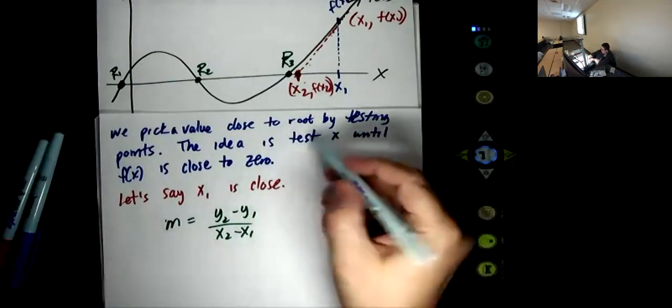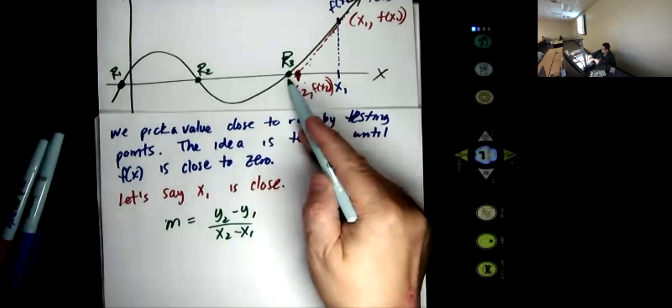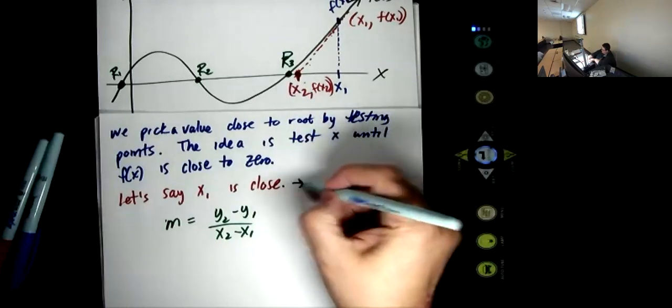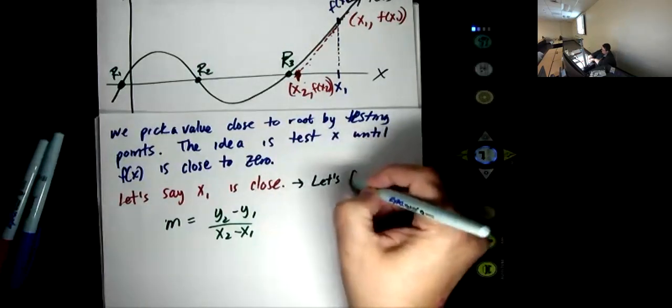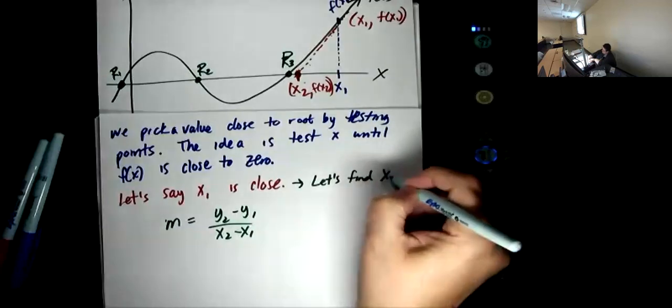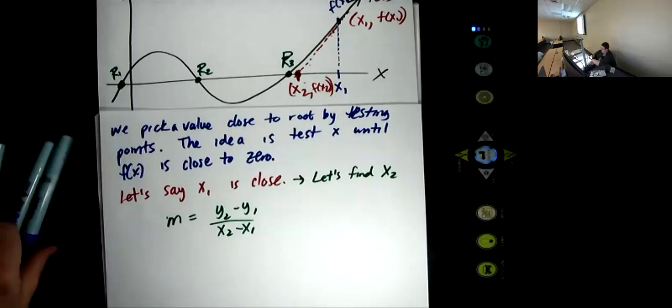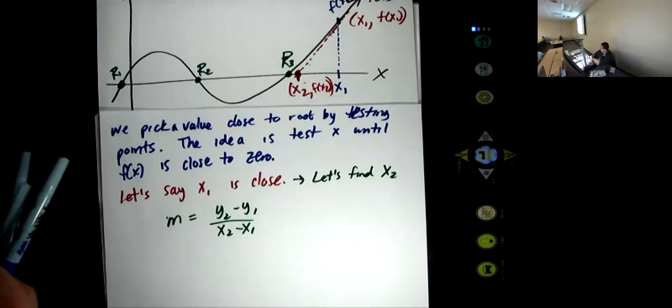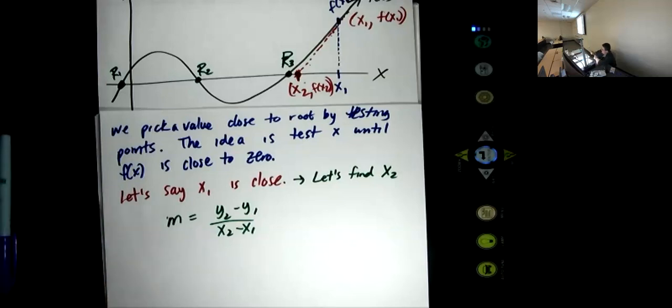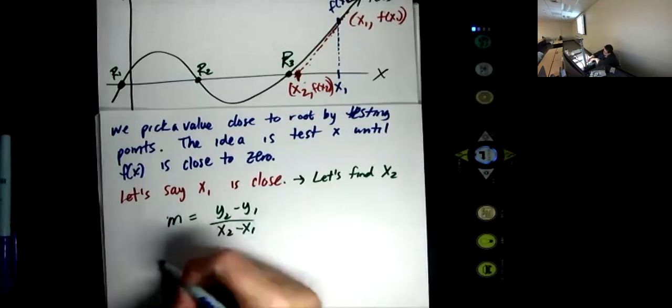We are trying to find the x value that's close to the root. So here, let's find x2. It's where the mathy algebra stuff gets going. We clear the fraction.